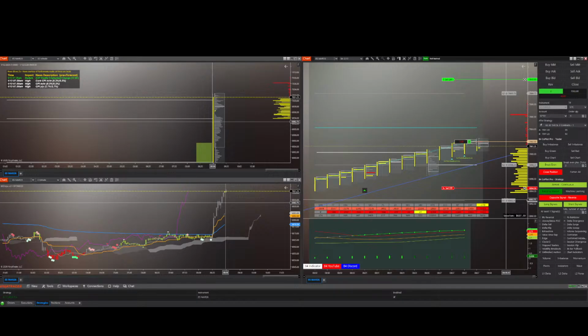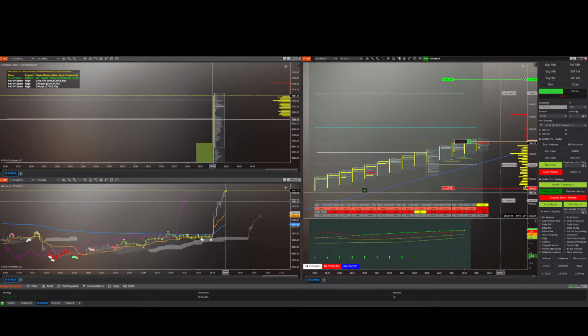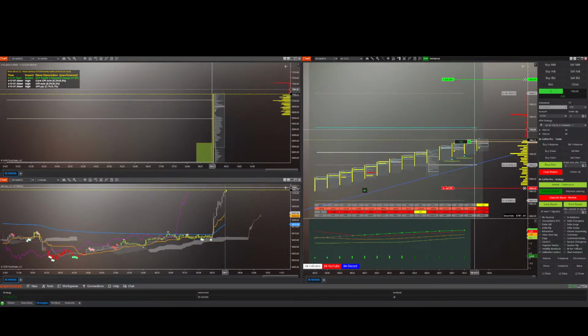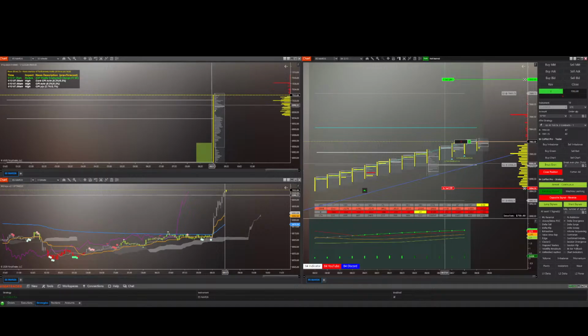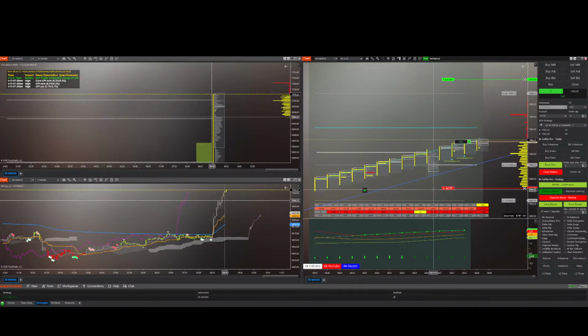Like I mentioned a while ago, there's a difference between a pullback and a retracement. When we're going bullish and price comes back, it's called a pullback. Whenever it's going bearish and it comes back, it's called a retracement.